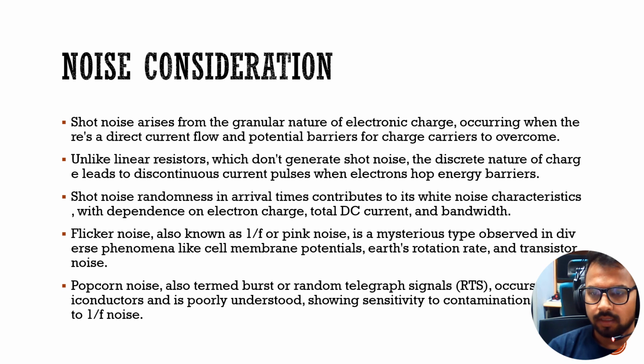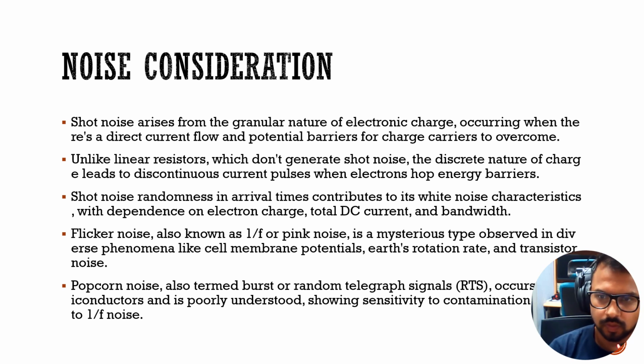overcome. Unlike linear resistors, which don't generate shot noise, the discrete nature of charge leads to discontinuous current pulses as electrons hop over energy barriers. Shot noise's randomness in arrival time contributes to its white noise characteristics, with dependence on the electron charge, total DC current, and bandwidth.